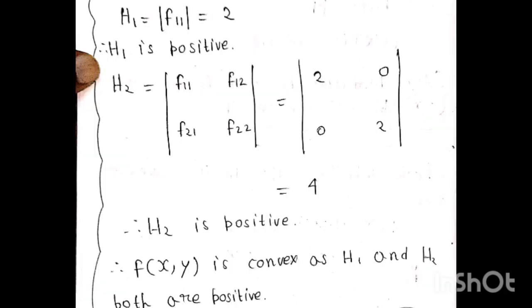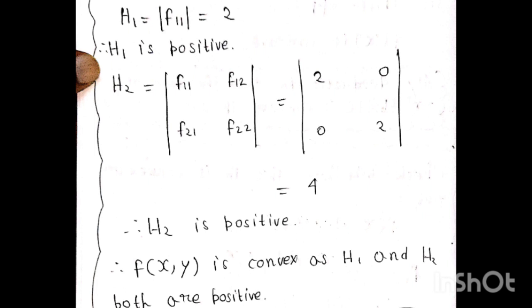Now in the previous examples we have just taken h1. If h1 was positive we declared the function as convex, and if h1 was negative we declared the function as concave. But the previous functions were made up of only one variable. In this case, the function is made up of two variables, so h1 is not enough.